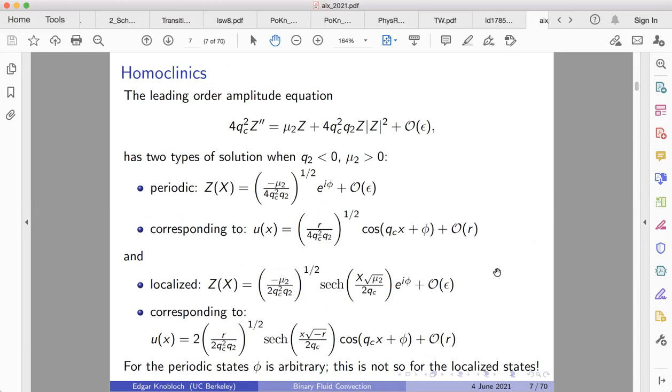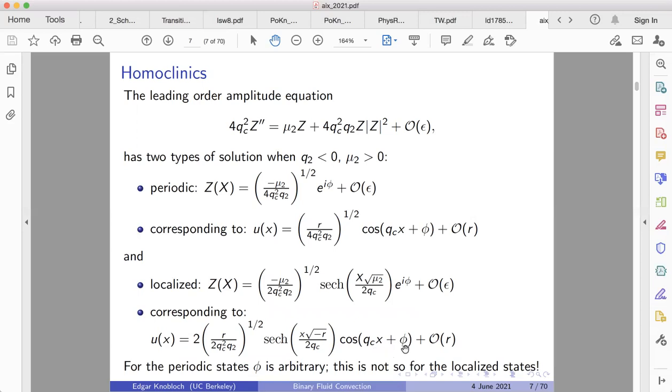Now, there's also a localized solution, which has a sech-like profile, and that corresponds to u of x, has an amplitude again that goes like R to the 1/2, but the width of the sech also depends on R. And then there is this wave number Qc, and then there is a phase.